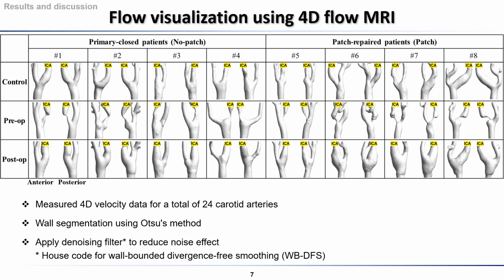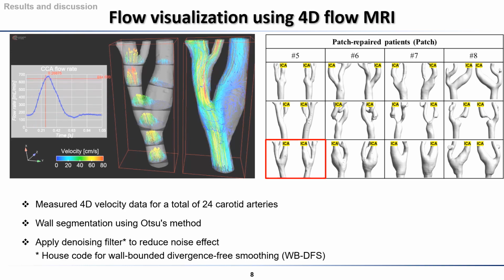Also, to reduce the noise effect, a divergence-free smoothing filter with a wall-bounded condition was applied to the velocity data with the house code. And this is the measured 4D velocity field visualized for the model highlighted in red boxes.